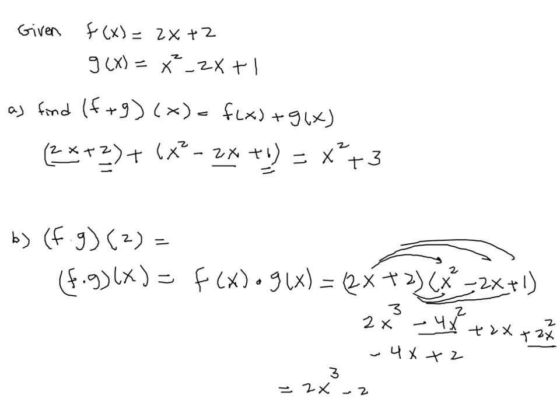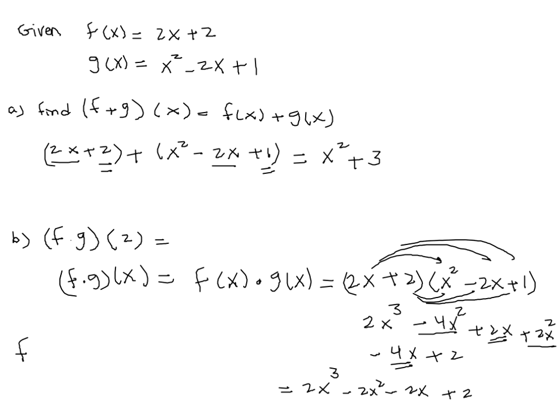That adds up to minus 2x to the power of 2. If I combine 2x and minus 4x, that gives me minus 2x. And then we have only one constant here, plus 2. So this is f times g of x.